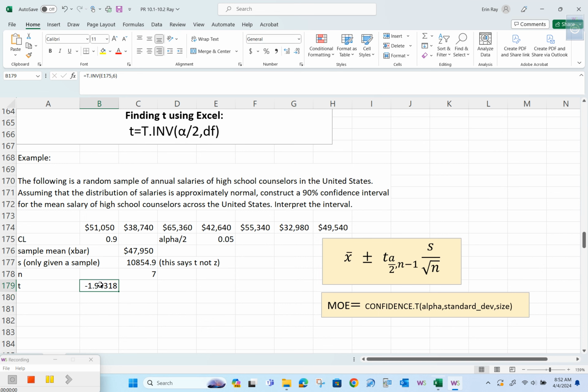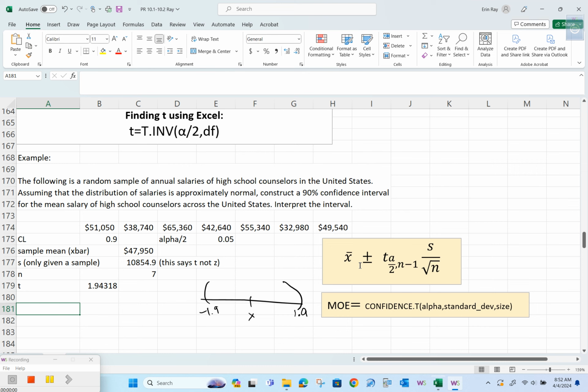So there's my t-score. Remember, this is an interval around the mean. If it helps you to draw it out, you can. So this is a t of negative 1.9, and this is a t of positive 1.9, and Hawkes is going to want the positive one for your math. Okay, for me, the thing I'm going to grade is the interval, which is calculated by the margin of error and the mean.